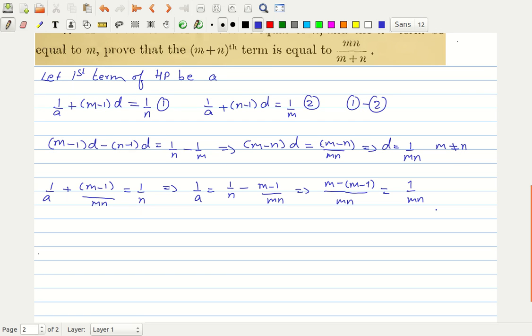And what do we have to find? We have to find the m plus nth term. The m plus nth term of an AP will be the first term, which is 1 by mn, plus m plus n minus 1 times d, which is 1 by mn.